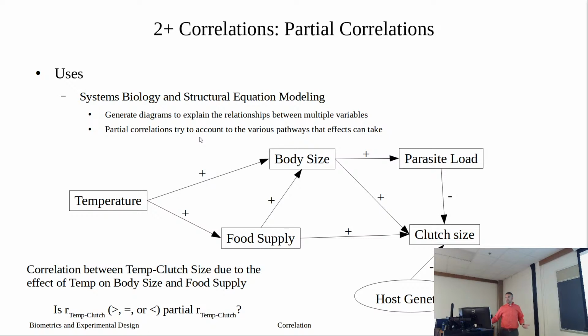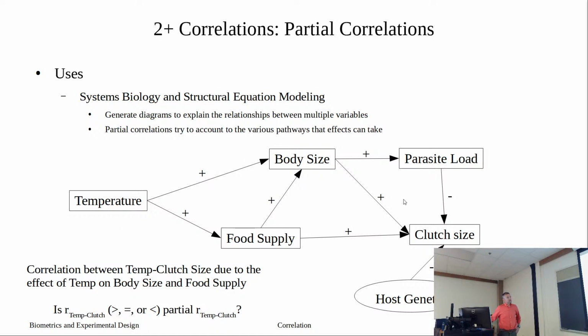Well, one way is to use structural equation models, which starts to generate these partial correlations between each of the individual variables, with the effect that we can say, okay, this is how temperature affects clutch size. It affects it through both body size and food supply, which then affects our parasite load and ultimately our clutch size. How we get our total effect is to follow each of these paths to put numbers to that cause-effect relationship. In some cases, it's probably just going to be correlation because, again, we're not manipulating any of these things per se.